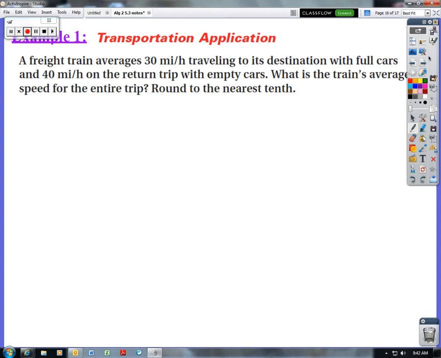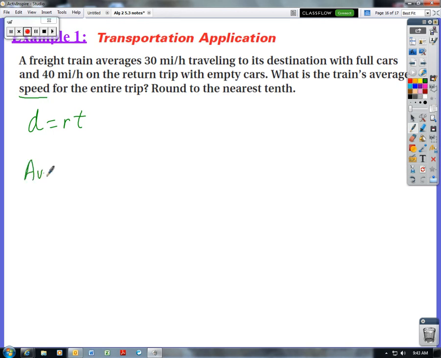And why isn't it that simple? So this is the correct way to do this. Well, for one thing, we're dealing with rate, distance, and time, so we need to remember dirt: D equals R times T. And the overall question is asking, what is the train's average speed?